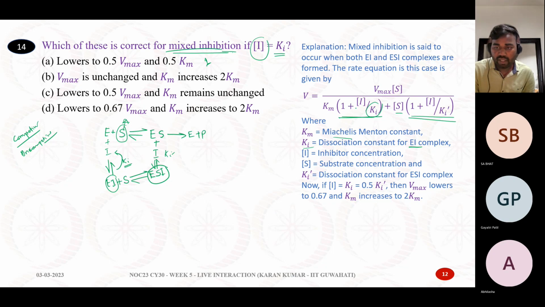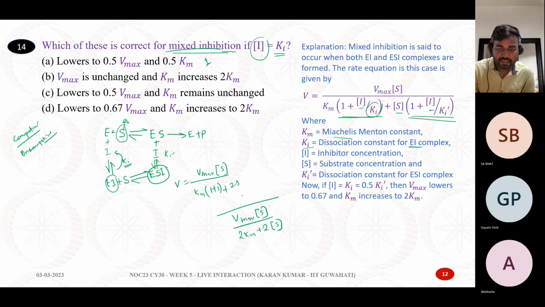Okay, so now if you put the Ki value in both of these, what will happen? V is equal to Vmax into S divided by Km. This is 1 plus 1, 2 Km and 2S. Okay, so how much change will you see? This is Vmax into S divided by 2 Km plus 2S.